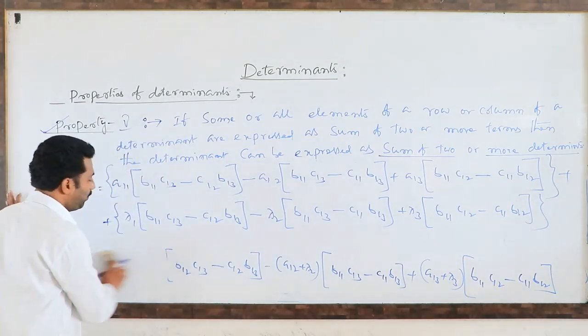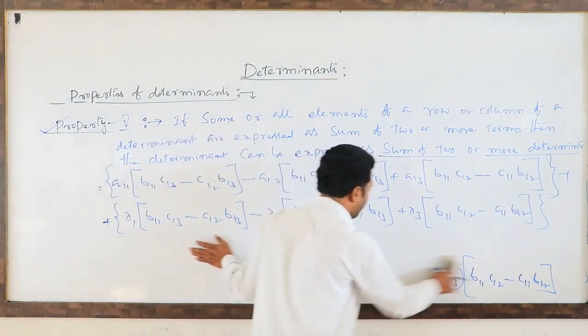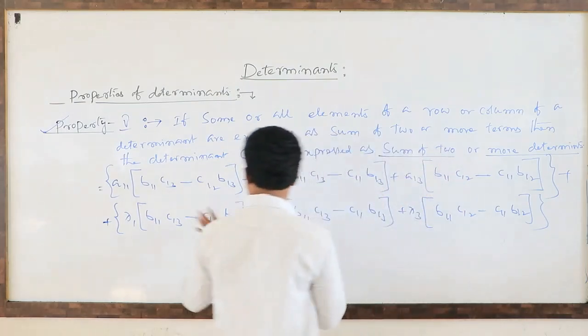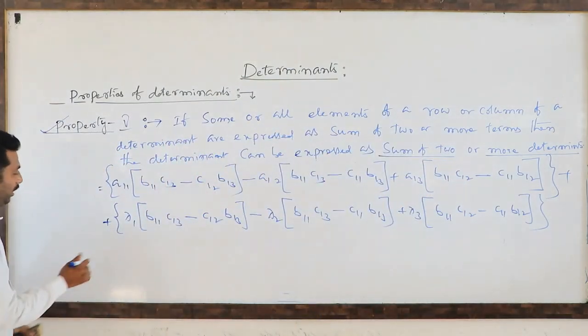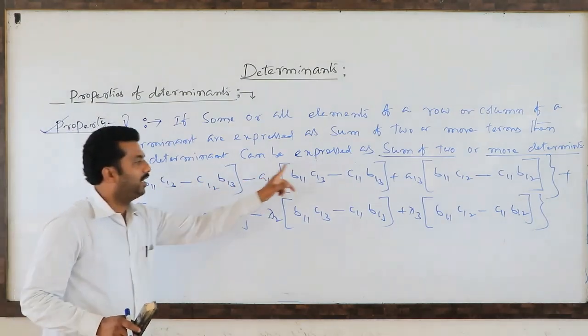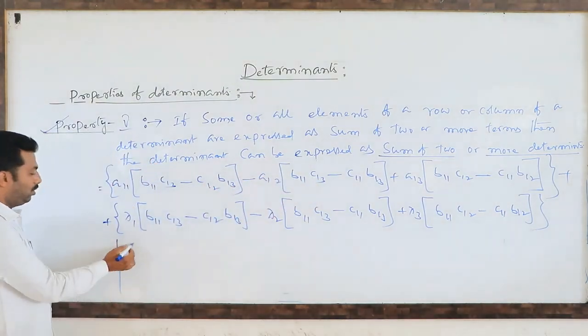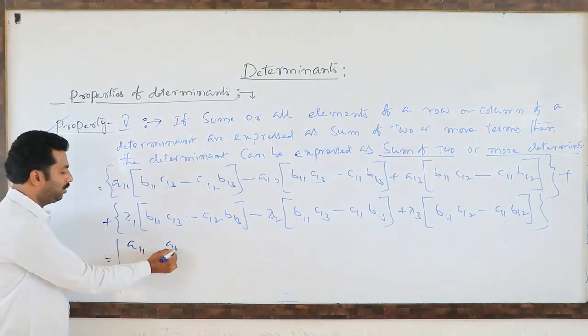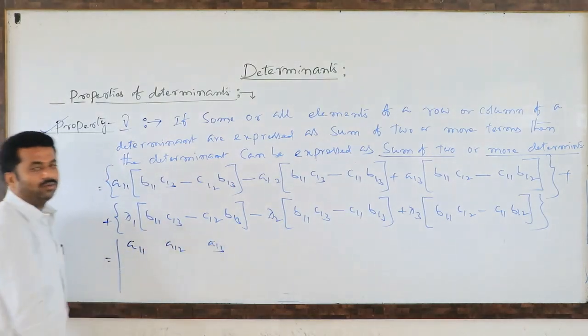So, first part you observe. If you observe clearly, A11, minus A12, A13 means first row, what I have to write: A11, A12, A13.